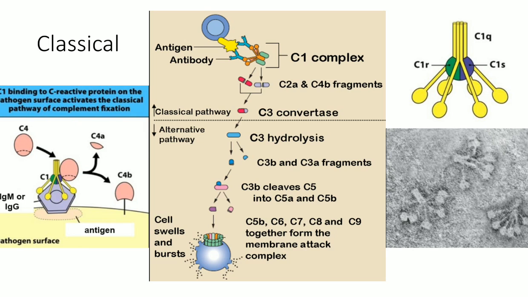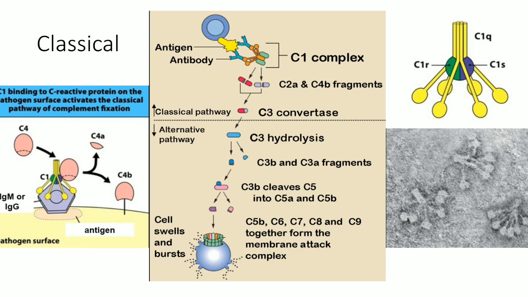Together they are called C3 convertase, which in turn converts C3 into C3A and C3B. Who will go out, C3A or C3B? C3A will go out, so you have C3B. Now, revise, C1, C4B, C2A, C3B together are called C5 convertase, which converts C5 into C5A and C5B.